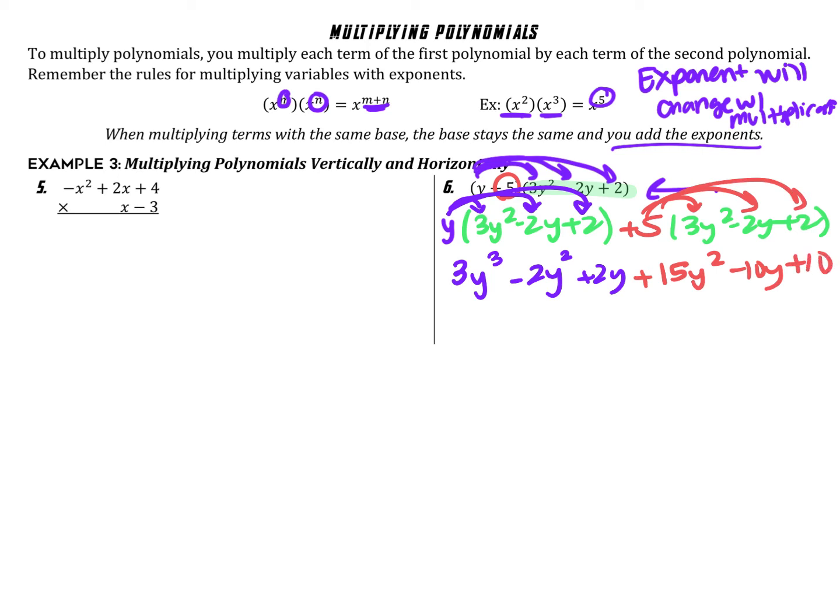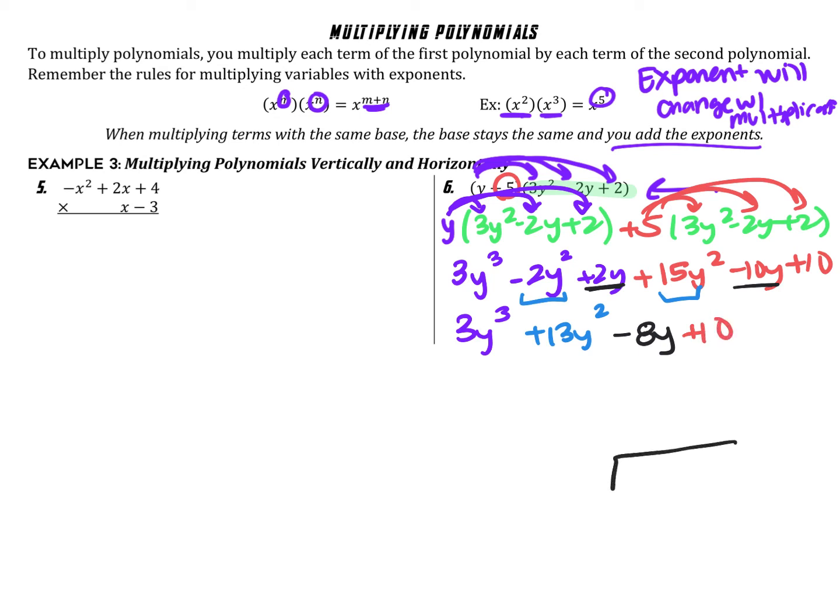And now we're going to go ahead and combine like terms again. 3y cubed is the only term that's cubed. We have two squared terms that we can combine to be 13y squared. And then we have 2y and negative 10y, which will give us negative 8y. And then we have our constant, plus 10.